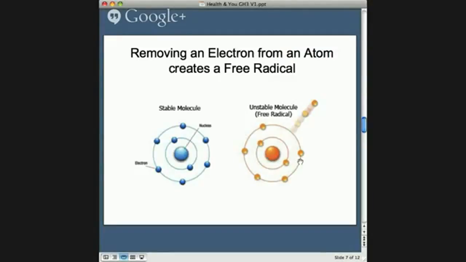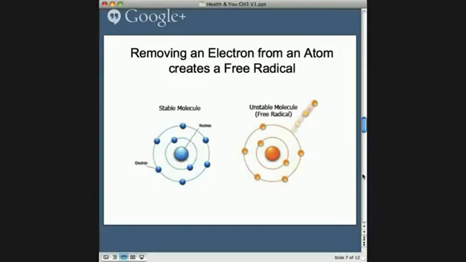And it now wants to balance itself up by getting back to that stable 8 electrons around the outside. So it goes around scavenging electrons from other molecules. And in the meantime, it's creating a lot of unstable molecules out there, and in fact, a lot more free radicals. And so this free radical is running around trying to balance itself out, creating more free radicals in the process.